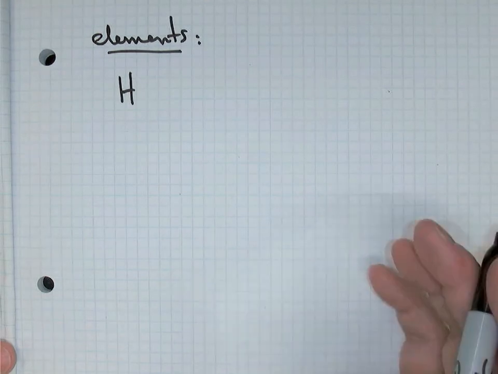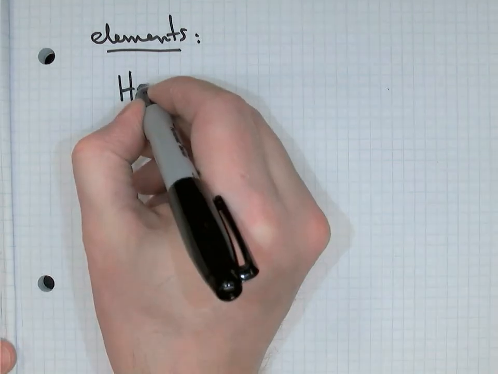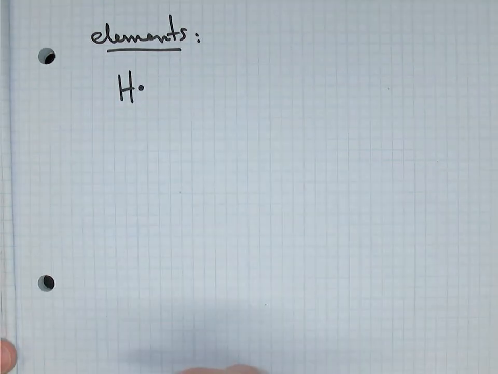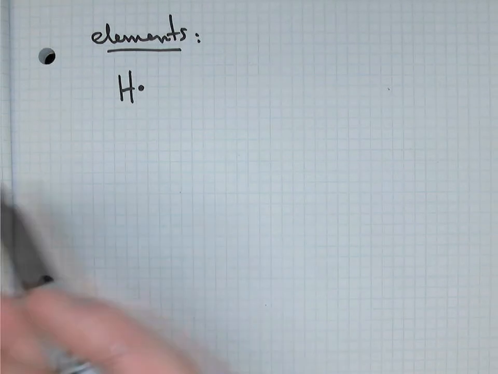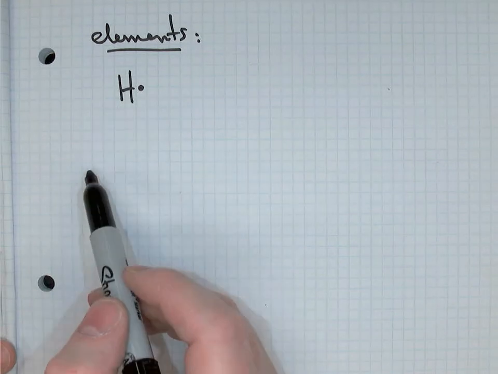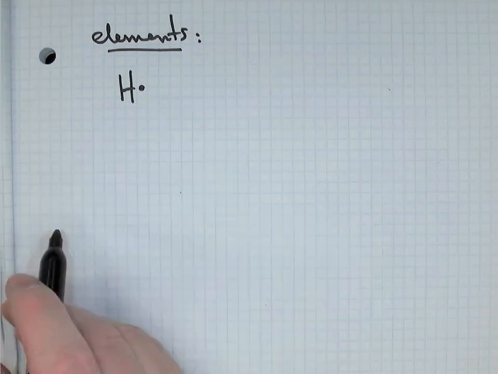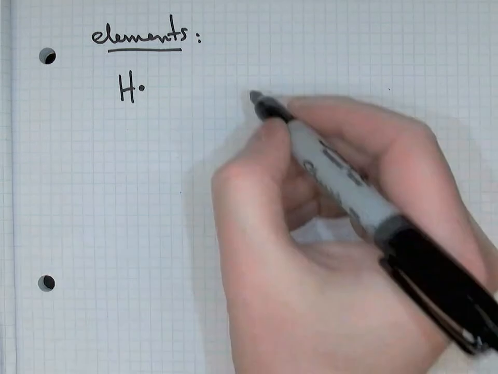Hydrogen, as you should know, has one valence electron, so we can represent that electron by just putting a little dot like that beside the hydrogen atom. So in a Lewis electron dot diagram, the valence electrons are represented as dots. So there's the Lewis diagram for hydrogen, very simple.